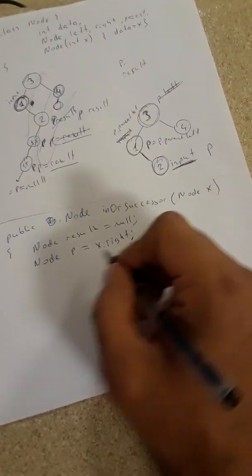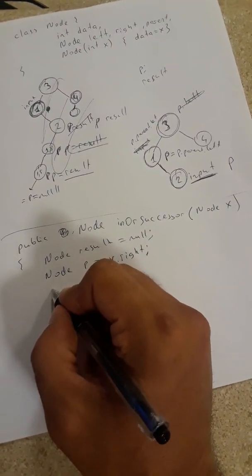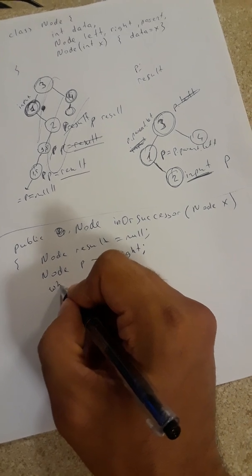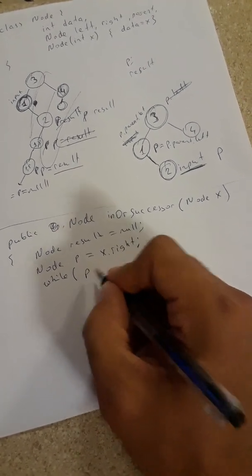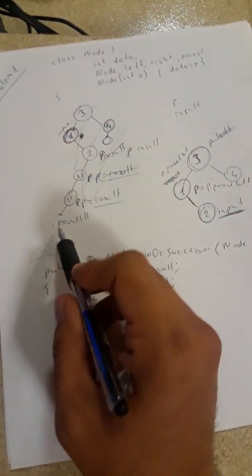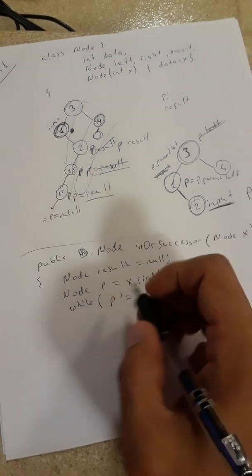If we have a right child of that node, we move all the way down until we reach the bottom.